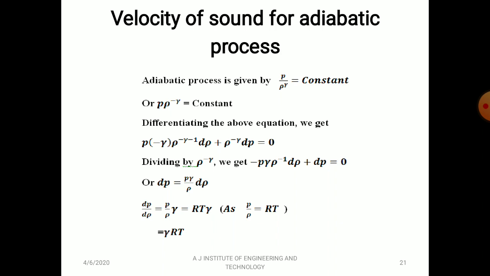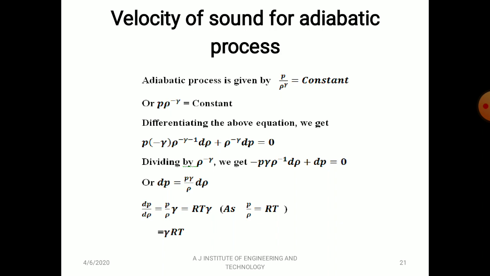Similar to the isothermal equation, dividing by rho to the power minus gamma, we get minus P into gamma rho to the power minus gamma minus 1 divided by rho to the power minus gamma, that becomes rho to the power minus 1 into d rho plus dp equal to 0. Taking to the other side, minus becomes plus, dp equal to gamma into p divided by rho into d rho. So you have to get the expression for dp by d rho: dp by d rho equal to p by rho into gamma.